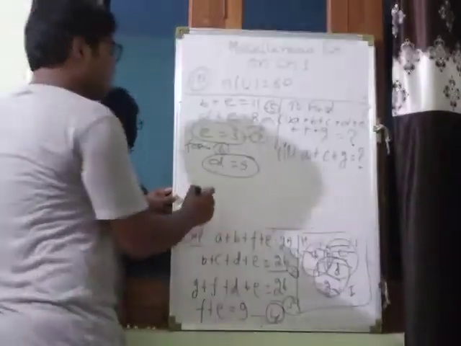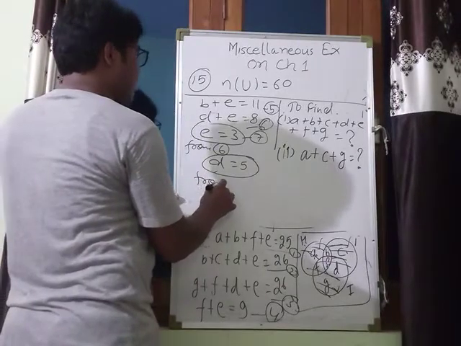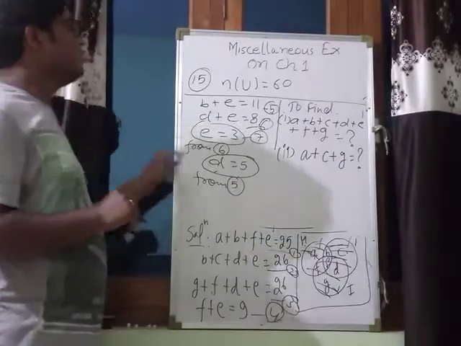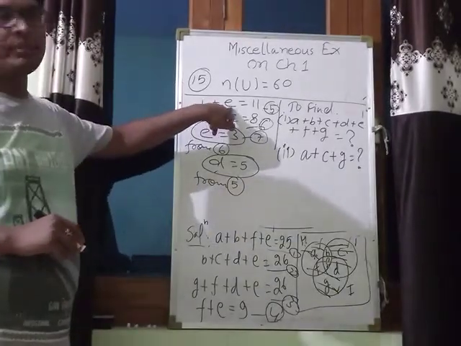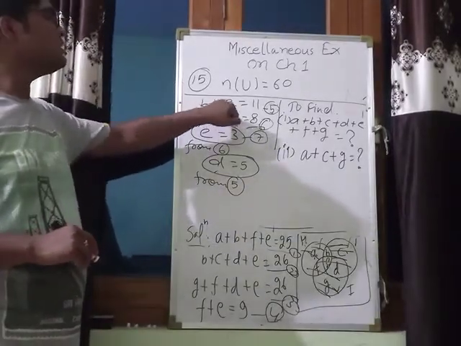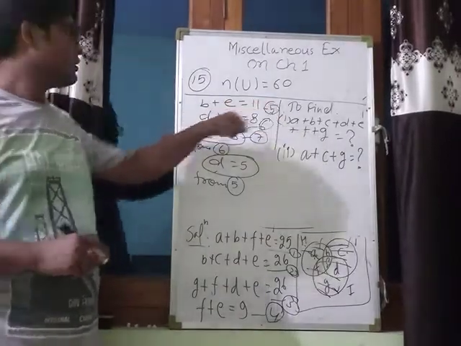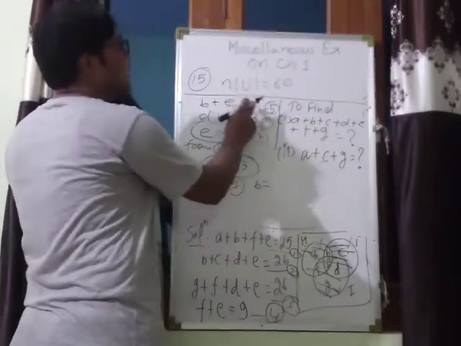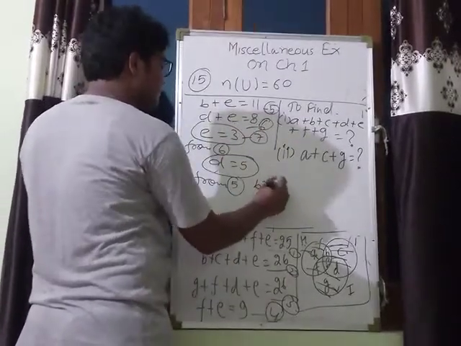Okay, now from fifth, when we put the value of E here, that is 3, B plus 3 is equal to 11, so the value of B will be 11 minus 3, that is 8.